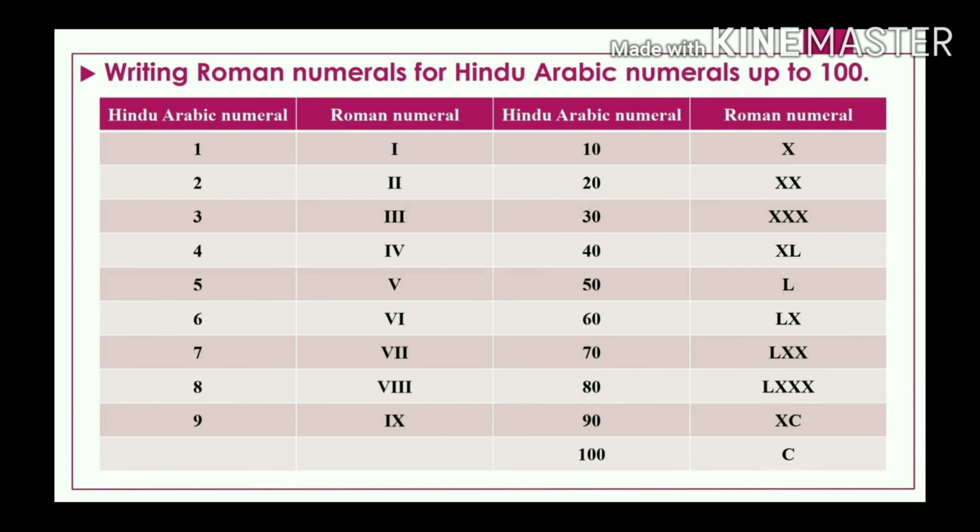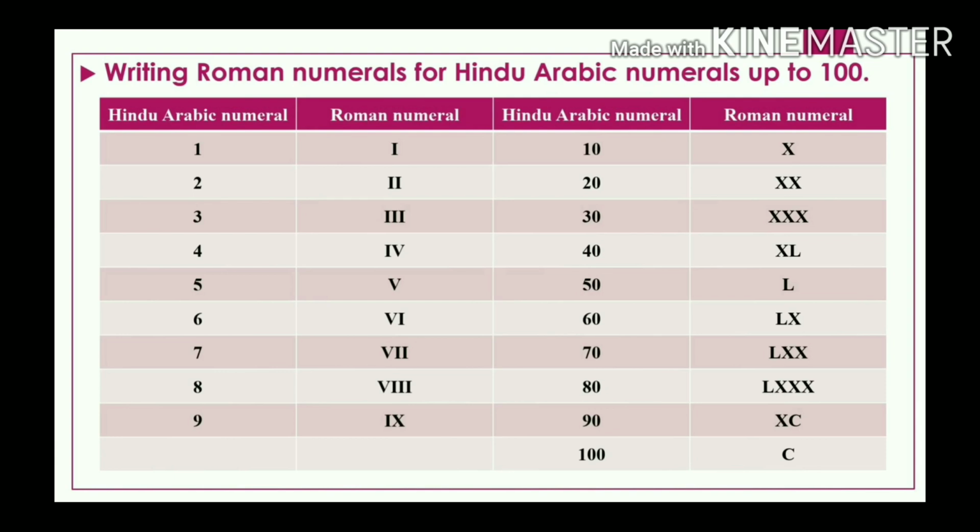Now, what is the Roman numeral for 10? The Roman numeral for 10 is X. For 20 it is XX. For 30 it is XXX, which means 3 times X. For 40 it is XL.